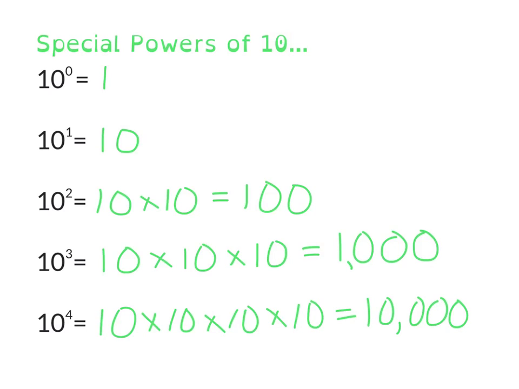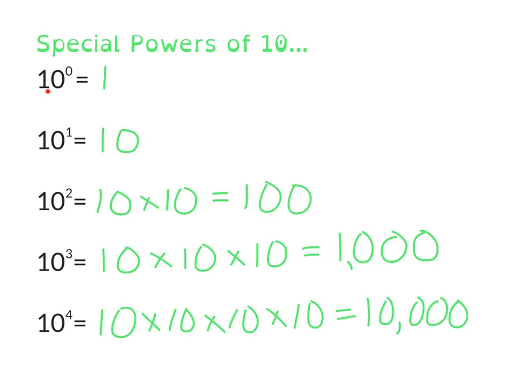So figuring out what the powers of 10 are equal to is not too difficult. You just multiply the 10 as many times as the exponent tells you. The extra things that you need to remember about some of these are how to read them.